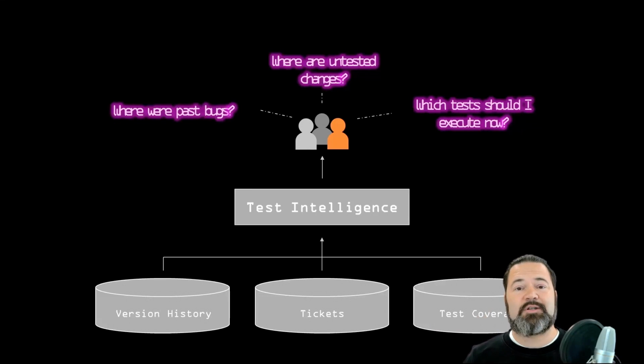These analyses can show us as testers which changes were performed by the developers and are more error-prone than other areas, and which tests execute which parts of the code, so that we can be more selective when we execute them.